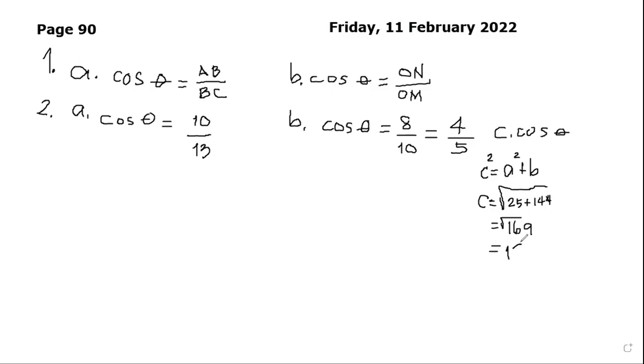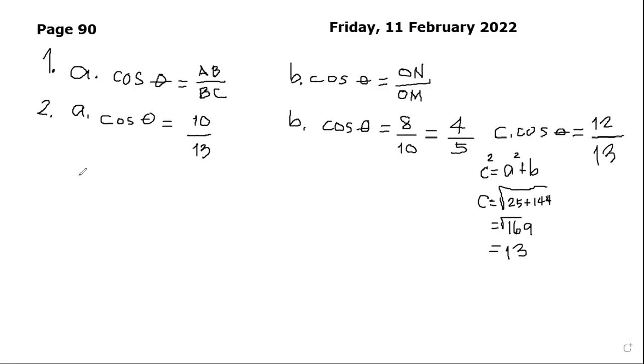So therefore you have now the hypotenuse. So cosine theta equals 12 over 13. So that is now letter C.